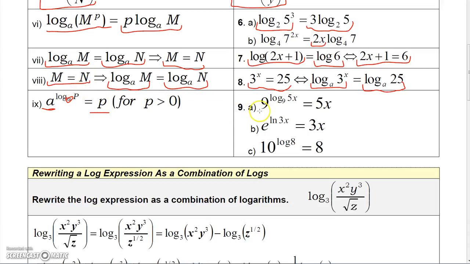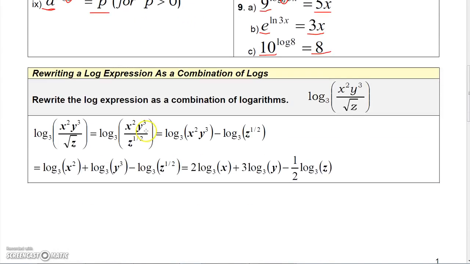So over here I'm taking a base 9 and raising it to a log base 9, so the result is simply the argument 5x. Here I'm taking e and raising it to a log base e. Remember, natural log is a base e log, and so the result is simply the argument 3x. And then here I'm taking 10 and raising it to a log base 10, and so the result is just the argument of that log, which is 8.